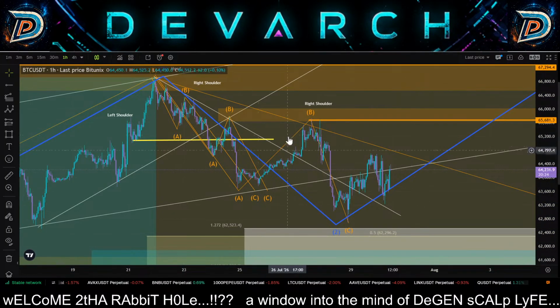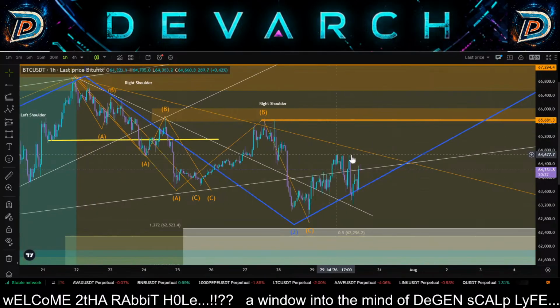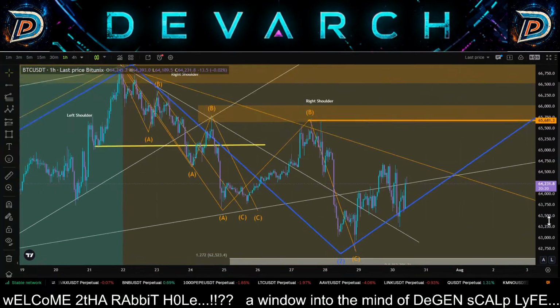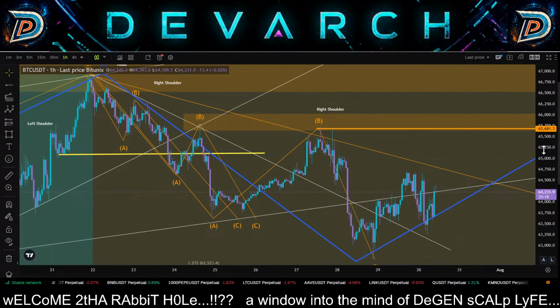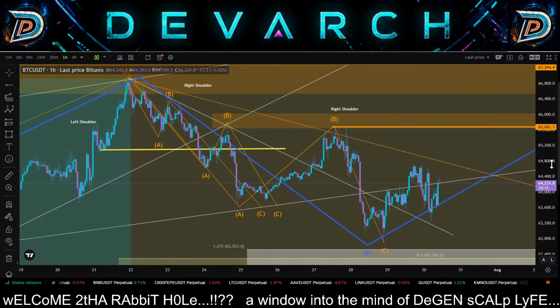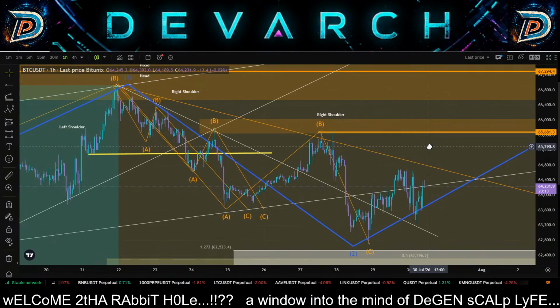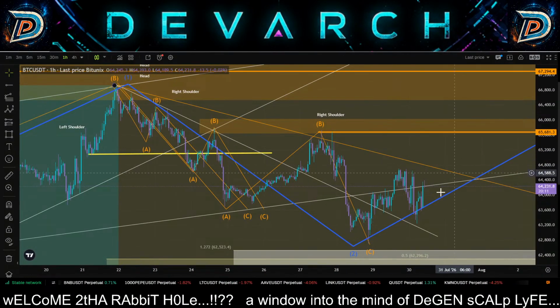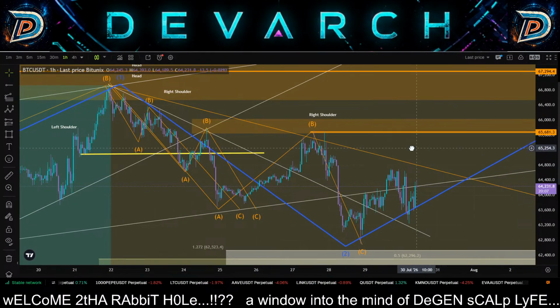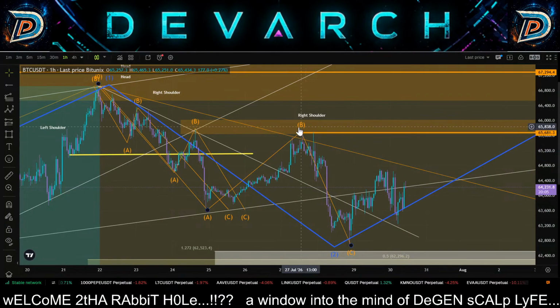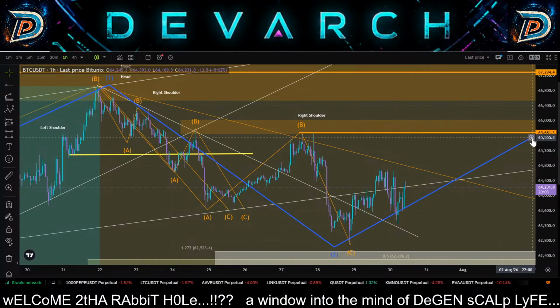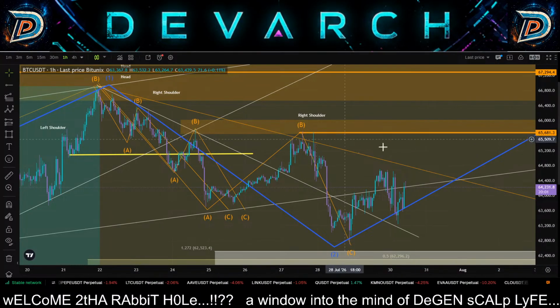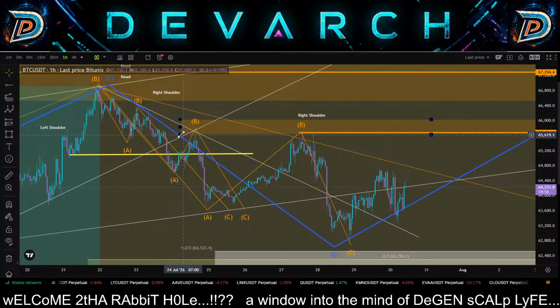For the 1 hour corrective structure, which is the impulse wave 2, to be completed and verified, to verify the beginning of the wave 3 is official, we need to see this B wave break, which is 65,681. So now that's a very important level to be aware of.